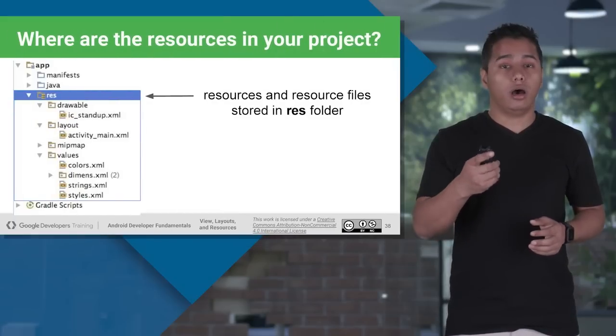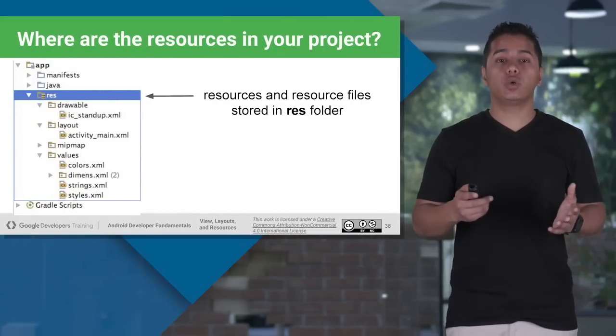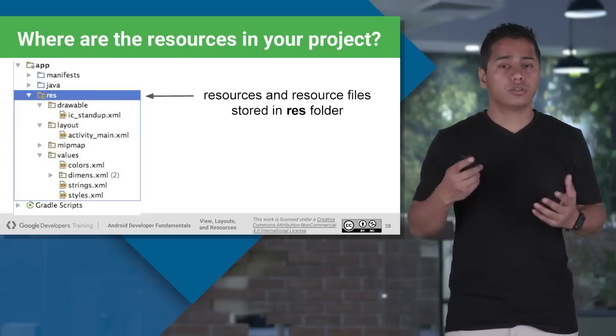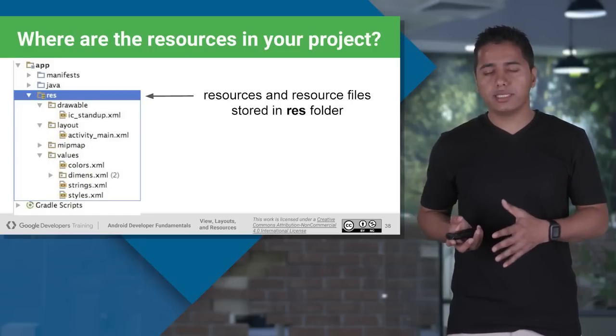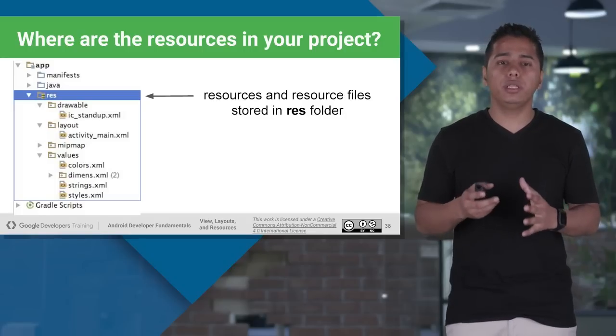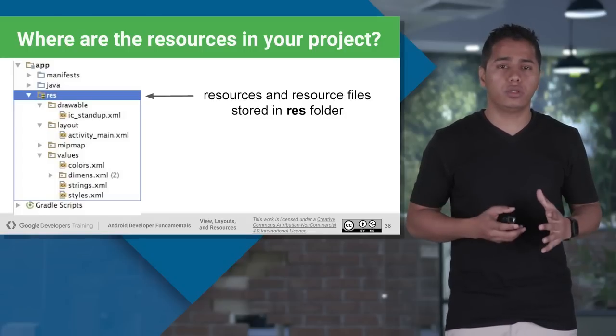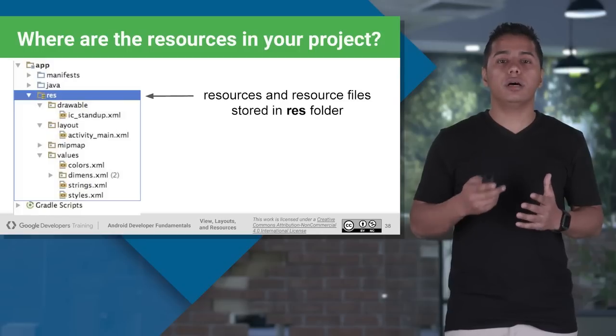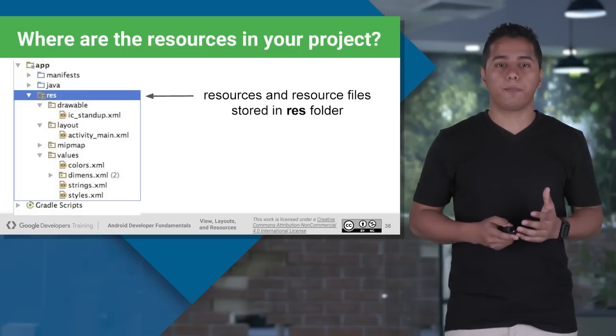So a resource can be a string, a dimension, an image, an audio file, or a text file. Where exactly will you be putting the resources? You will be putting the resources inside your res folder, and you can put them in any XML file with a resources tag.